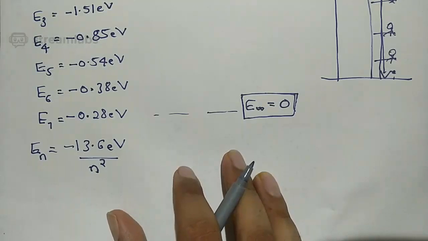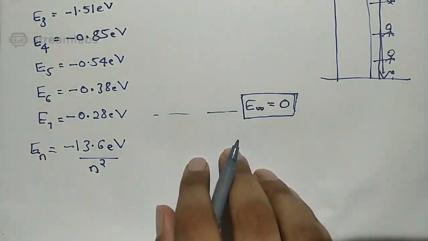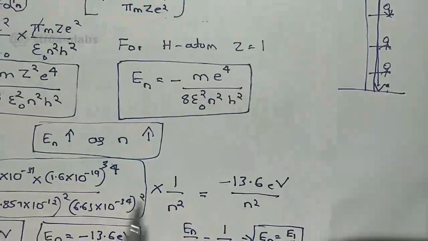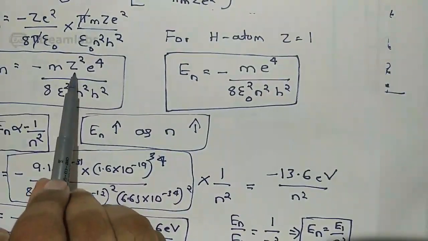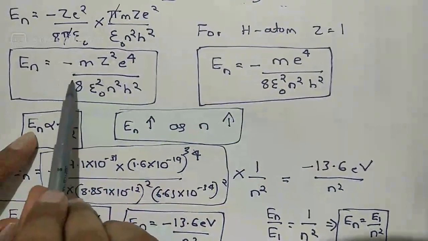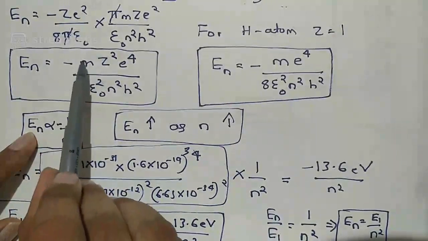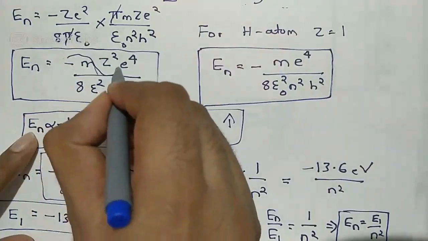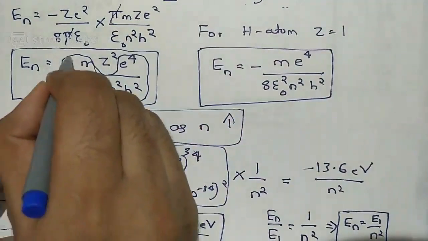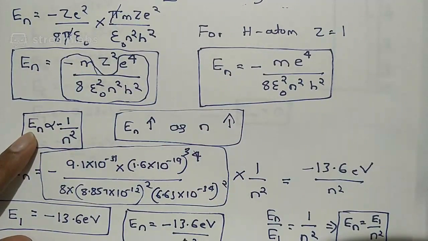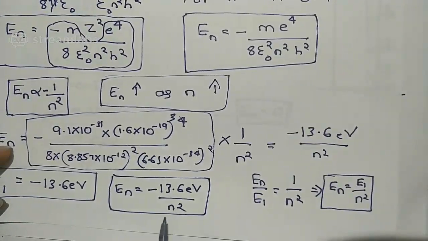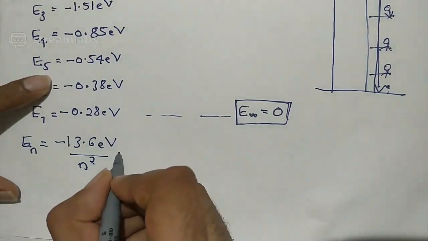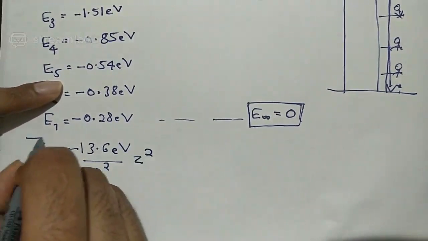If you look at the expression for energy of the electron, in the hydrogen-like atom Z comes in the numerator. All these remaining values we have taken into account, and that came as 13.6 electron volt by n square. So you have to just multiply by Z square.